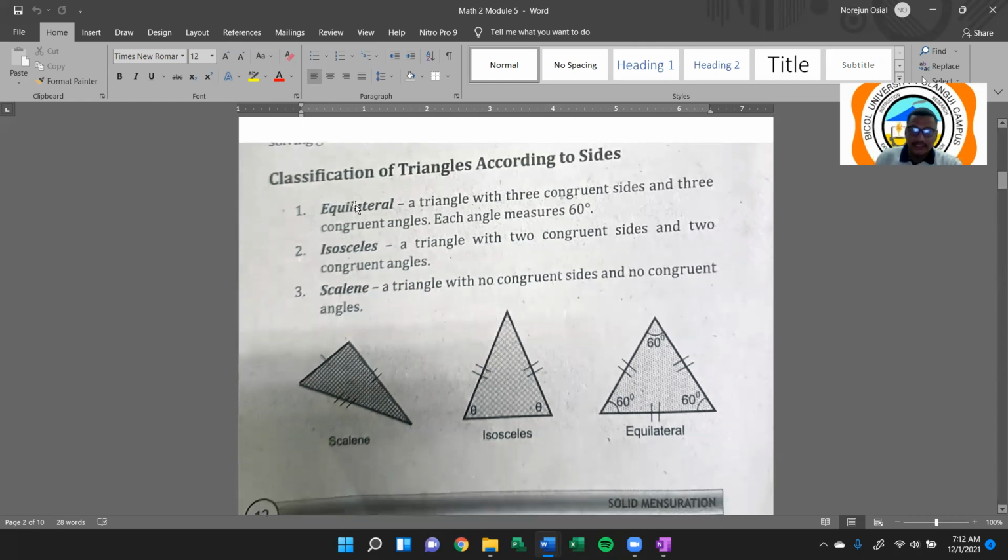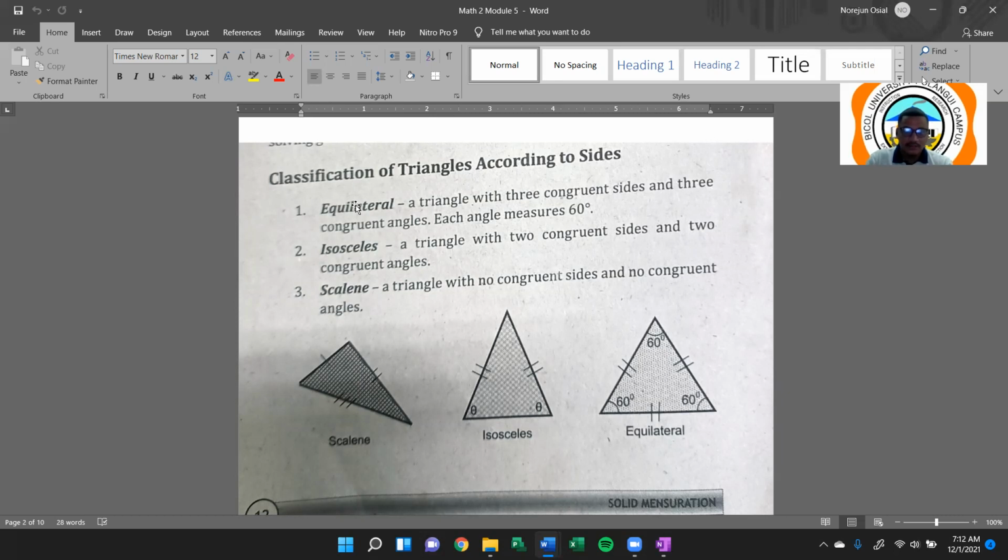An equilateral triangle is a triangle with three congruent sides and three congruent angles. Each angle measures 60 degrees. So an equilateral triangle is also an equiangular triangle because its three internal angles are all equal.